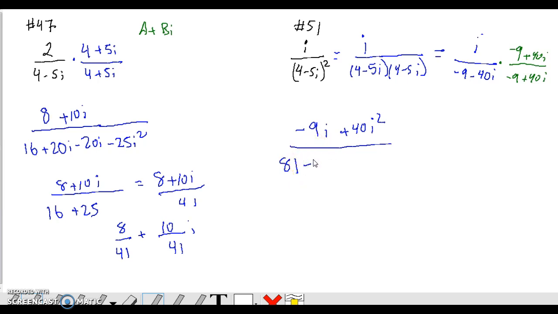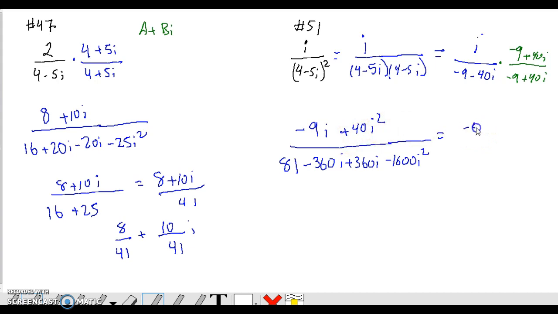So 9 times 40. This gives you a negative 360i plus 360i, and then 40 and 40 will give you 1600. My bad. So 1600i squared. So again, we know that that goes away. I'm going to go ahead and rewrite that.